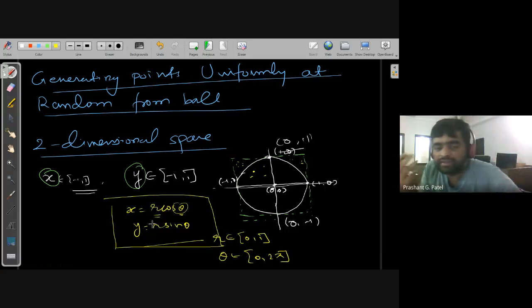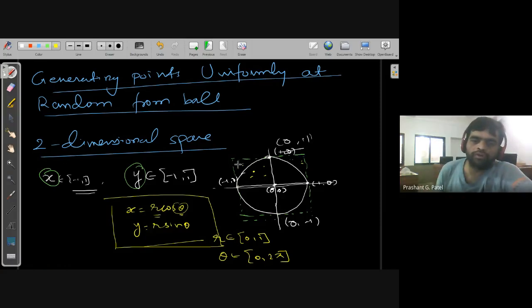Now when you do this procedure in higher dimensions, this method does not work. What we have discussed just now, dropping all the points which are outside the square, does not work, since the fraction of points that fall inside the ball drops to 0. Whatever points you generate, most of them are outside the circle, and the ratio of those coming inside the circle is nearly 0.